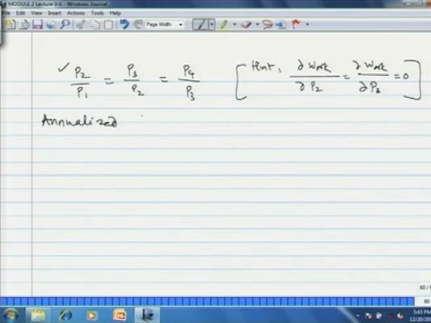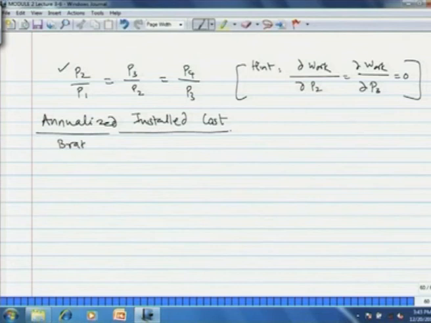annualized installed cost of the particular compressor. Now, usually the cost is correlated to brake horsepower, which is the theoretical horsepower divided by 0.9, because we assumed 90% efficiency. Once the brake horsepower is known, BHP is known, you can use any cost correlation such as Gutierrez correlation to determine the installed cost.